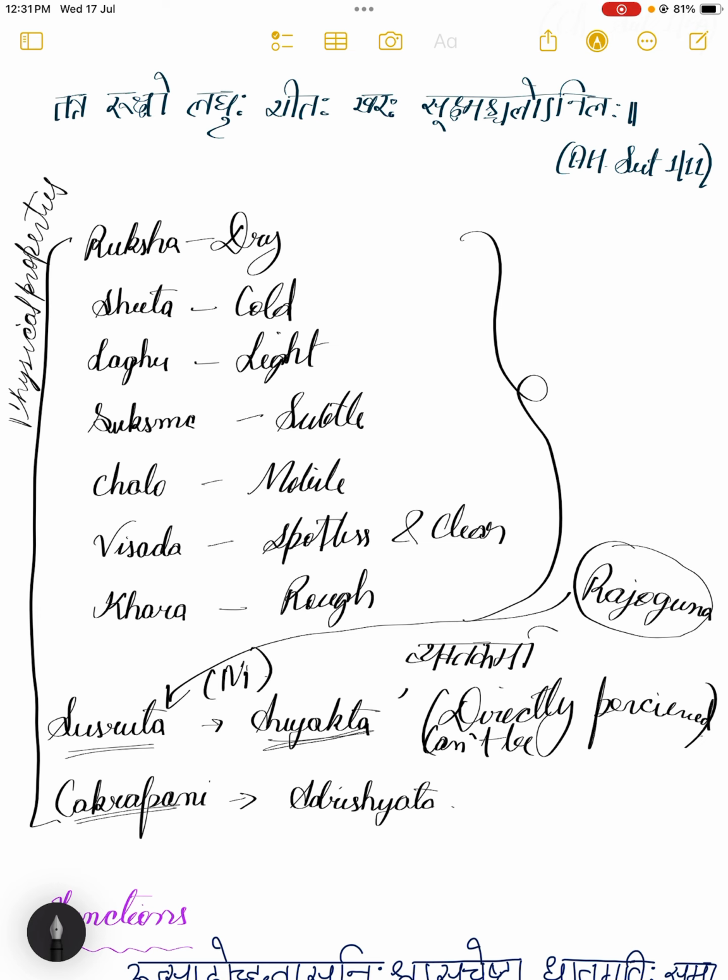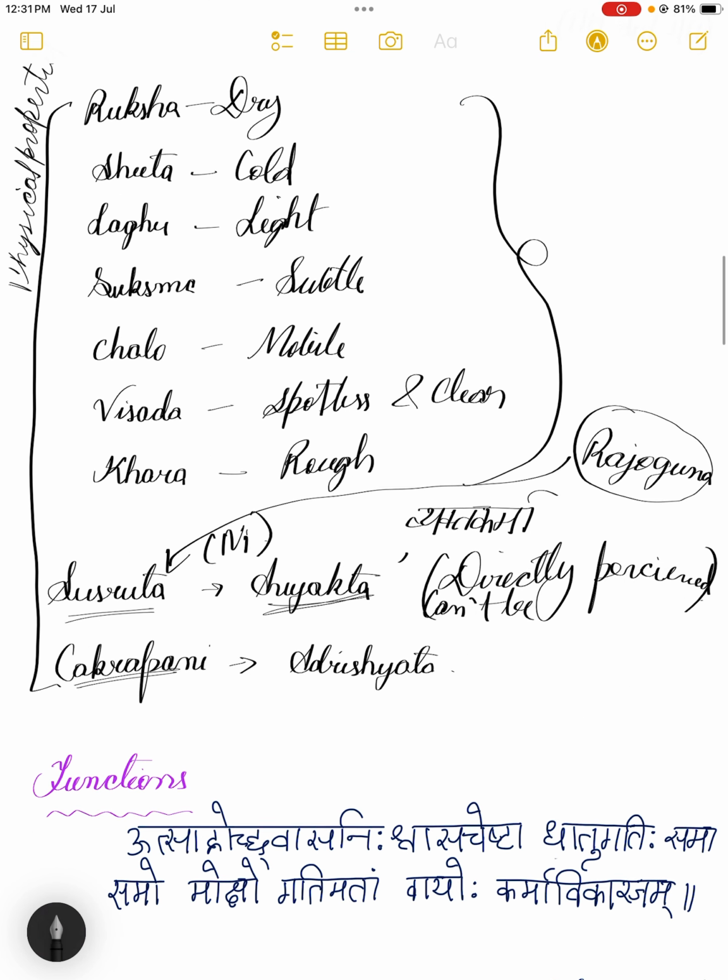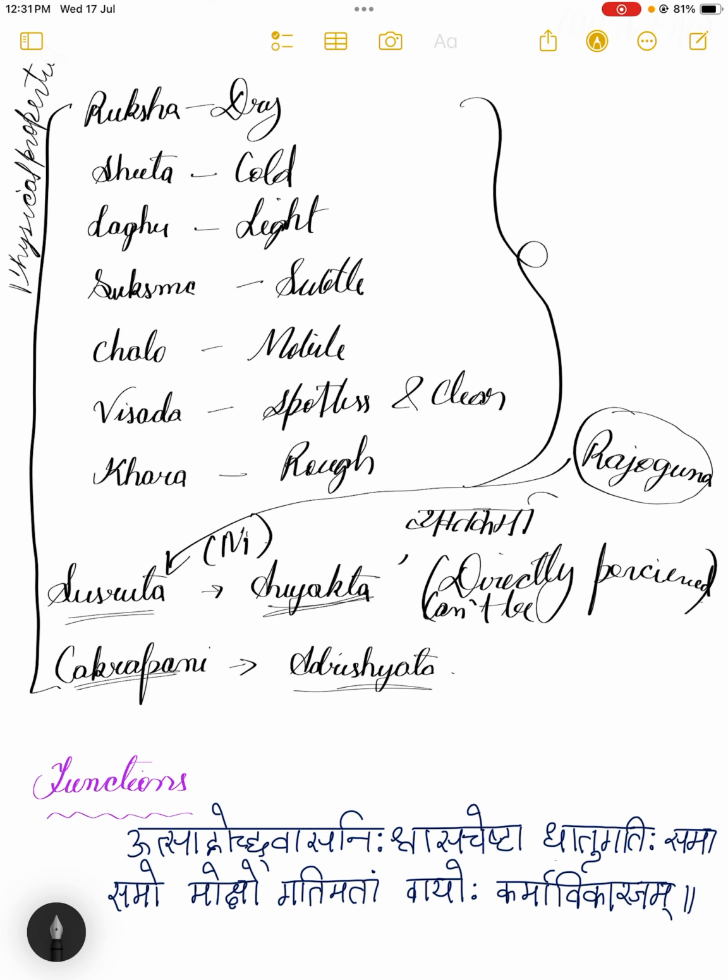This is very important. Again, Acharya Chakrapani in his commentary has mentioned an additional feature, that is Adrishyata. Adrishyata closely resembles Avyakta, because Adrishya means which is not visible. So it is somewhat the same as Avyakta.